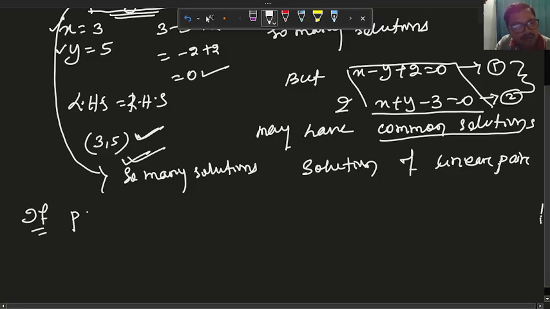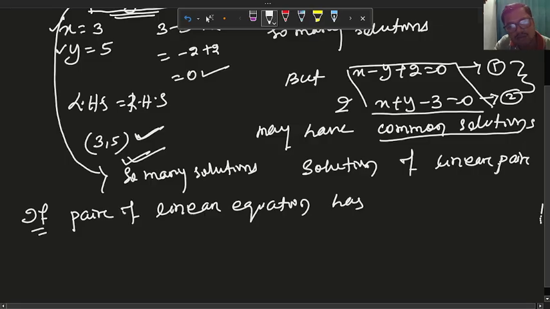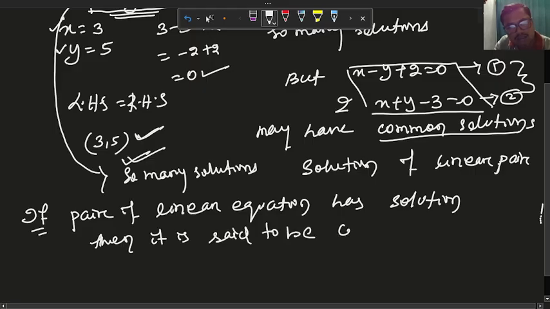If a pair of linear equations has a solution, then it is said to be consistent.